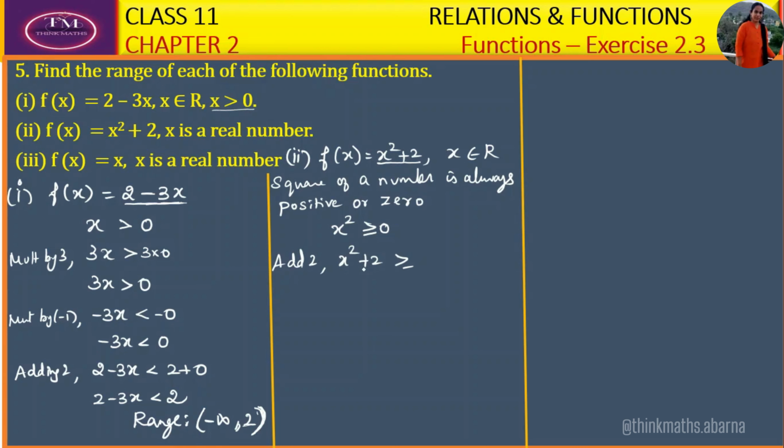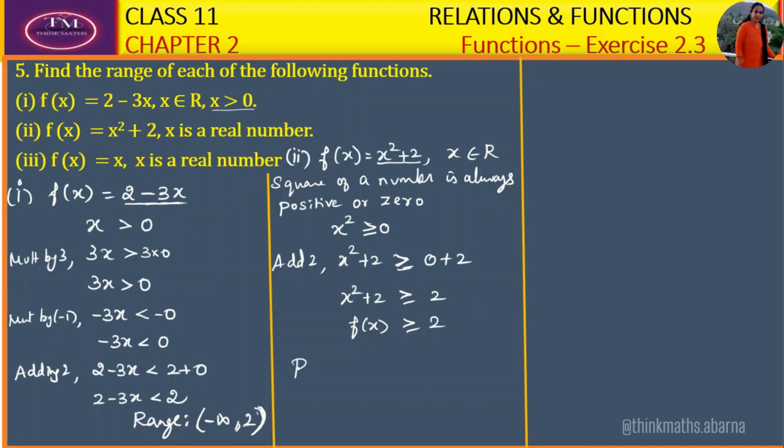As we are adding only positive value, the symbol will not change. So greater than or equal to 0 plus 2. That means x square plus 2 greater than or equal to 0 plus 2 is 2. Who is x square plus 2? F of x. F of x is greater than or equal to 2. So that is f of x takes the value 2 and greater than 2.